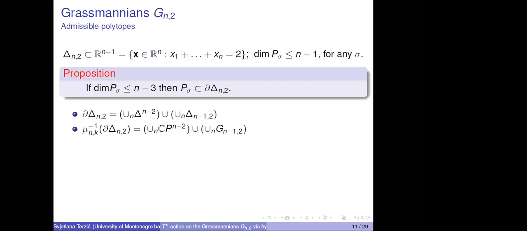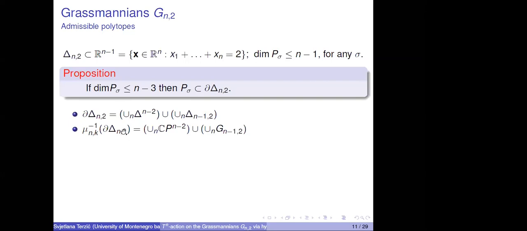From polytope theory, it's easy to see, even directly using Grassmann manifolds, that the boundary of the hypersimplex Delta_n,2 is just the union of n copies of (n-2)-dimensional simplices and n copies of hypersimplices Delta_n-1,2.